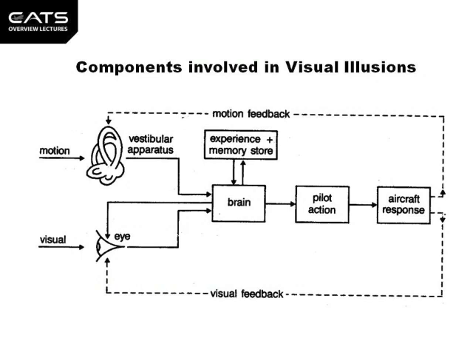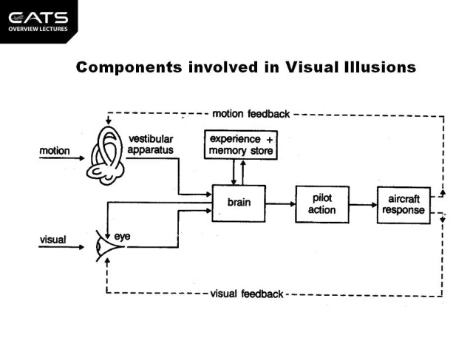Visual illusions often occur as a result of conflict between the vestibular system and the visual system. As motion is detected by the vestibular apparatus, it is sent to the brain, which relates this to experience in the memory store.